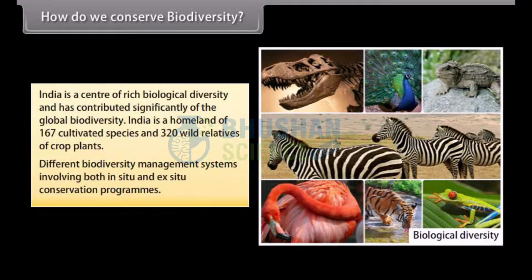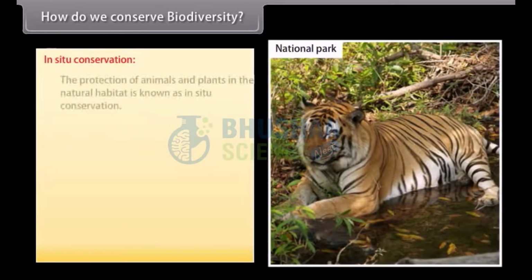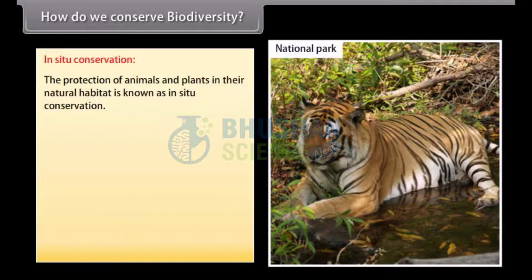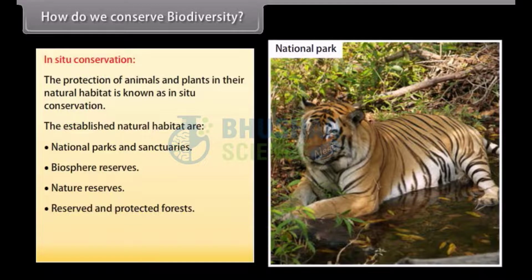Different biodiversity management systems involve both in-situ and ex-situ conservation programs. In-situ conservation: the protection of animals and plants in their natural habitat is known as in-situ conservation. The established natural habitats are national parks and sanctuaries, biosphere reserves, nature reserves, reserved and protected forests, and preservation plots.